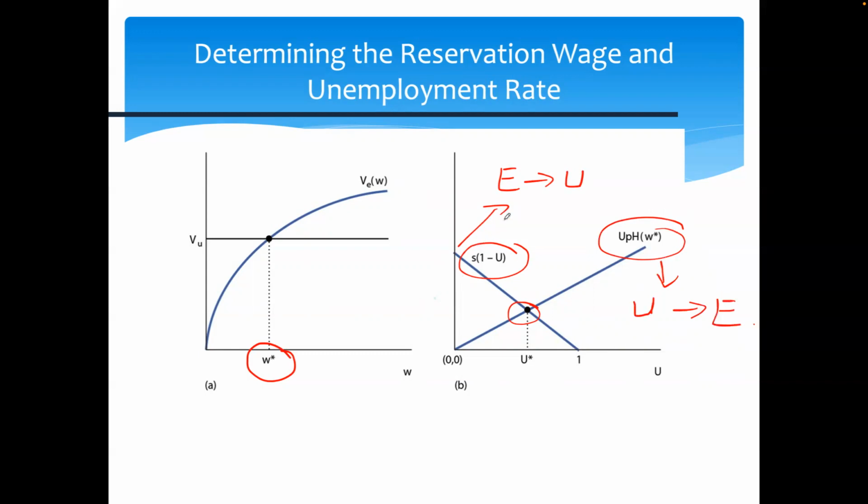So why does the flow from employed to unemployed decline with U? Okay, here is U. It's obvious, right? Because with higher U, there is a smaller pool of employed, and certainly the flow is going to decrease. And why does this increase? Certainly because U is multiplied in front of here. Right? They cross each other. That's going to determine the equilibrium unemployment.